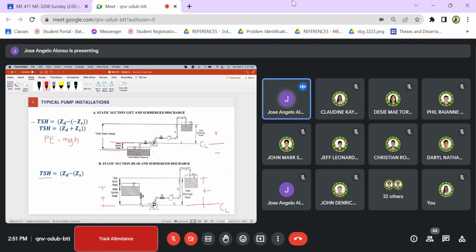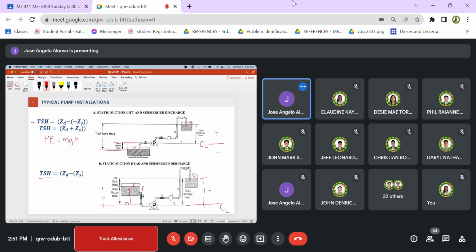So same lang din yun. So at this part, kapag yung elevation ng ating suction ay itinaas natin or inelevate natin above the reference line, then yung potential energy niya from zero on the reference line is nag-increase din depending on the height of our static suction head or ng elevation ng tubig.